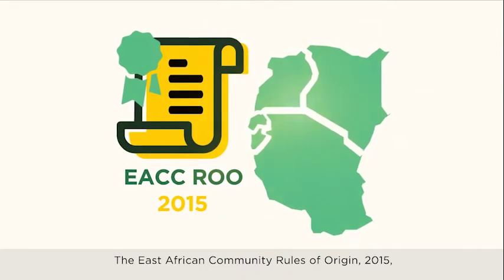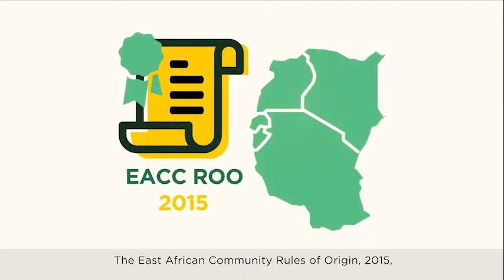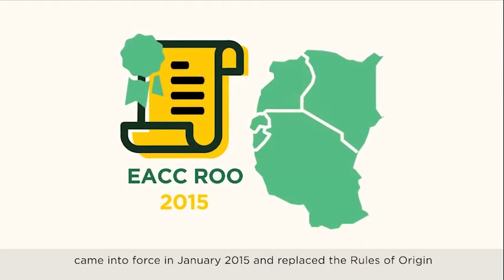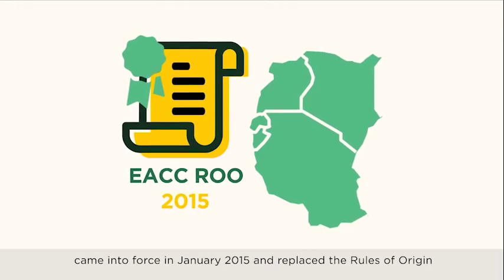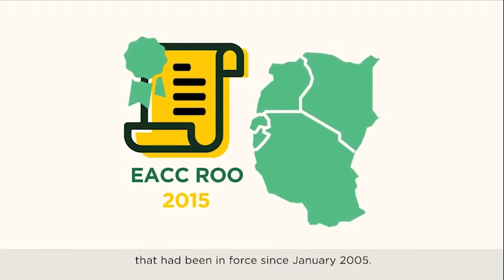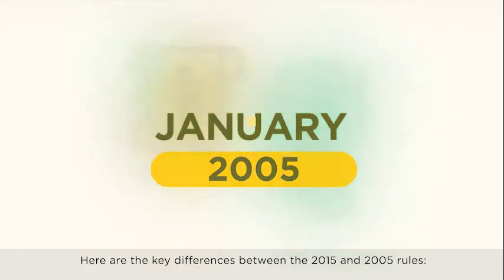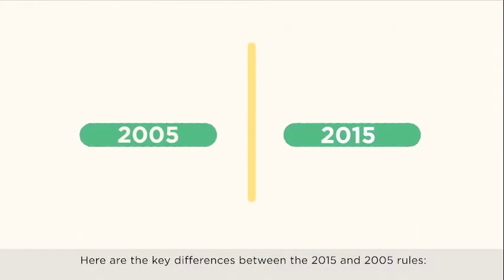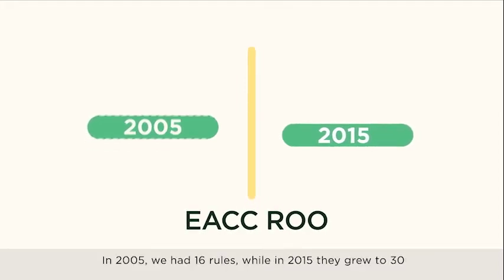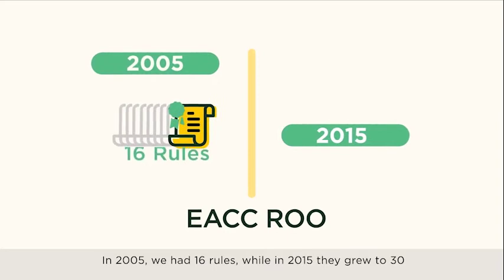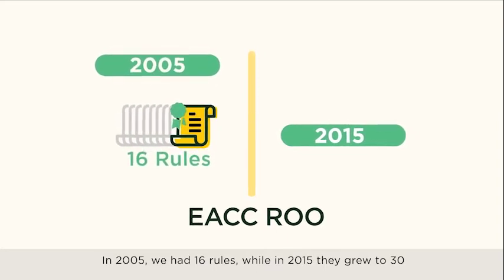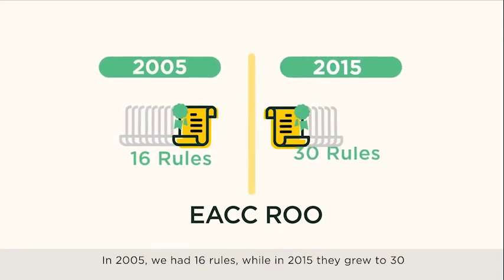countries. The East African Community Rules of Origin 2015 came into force in January 2015 and replaced the rules of origin that had been in force since January 2005. Here are the key differences between the 2015 and 2005 rules. In 2005, we had 16 rules, while in 2015, they grew to 30.